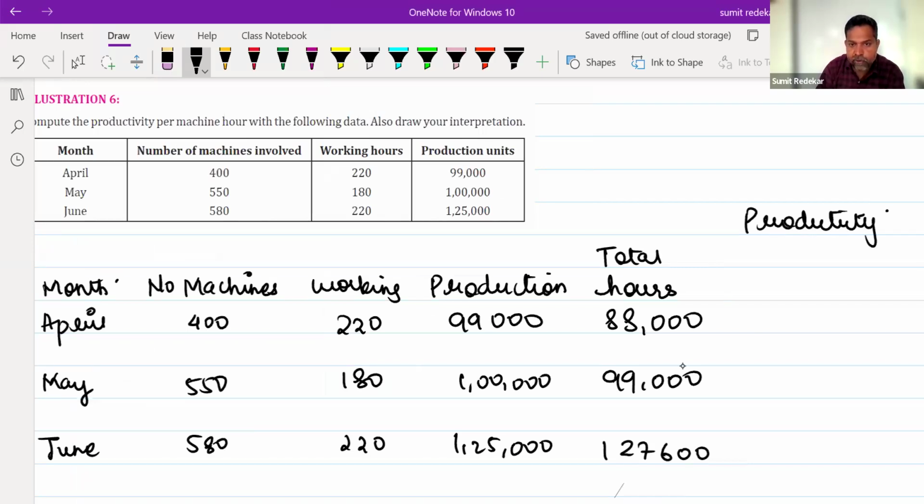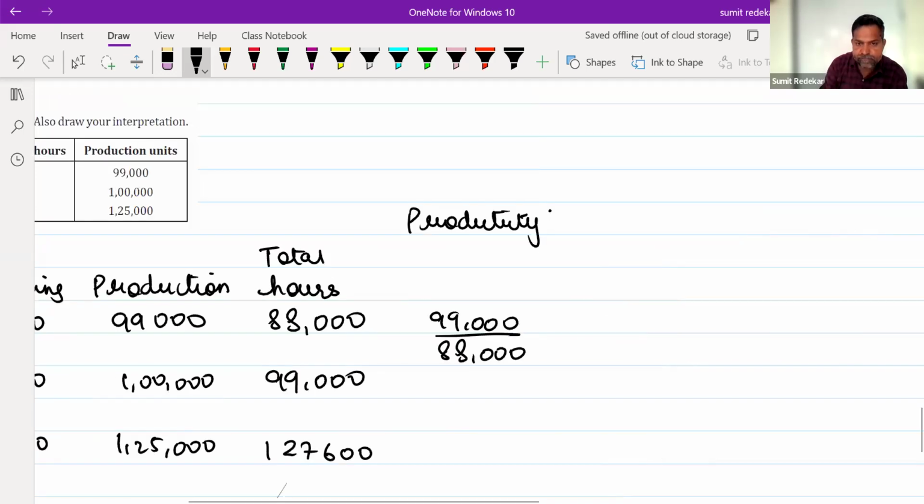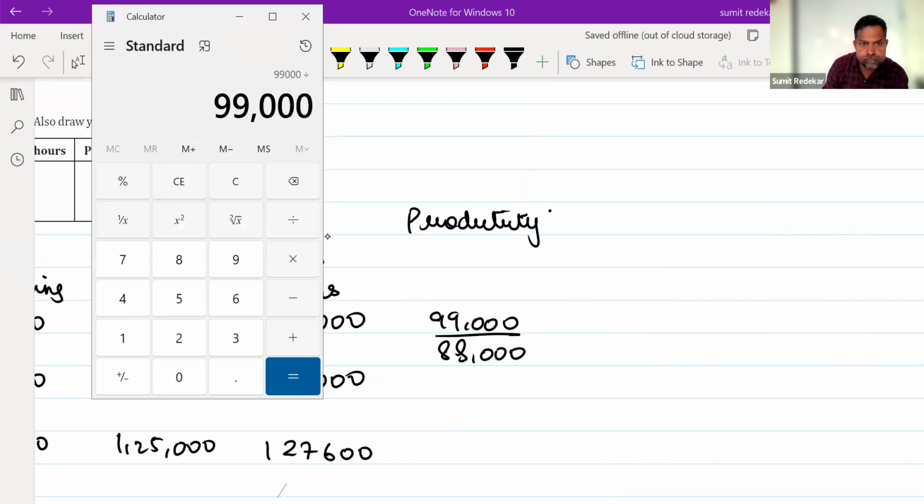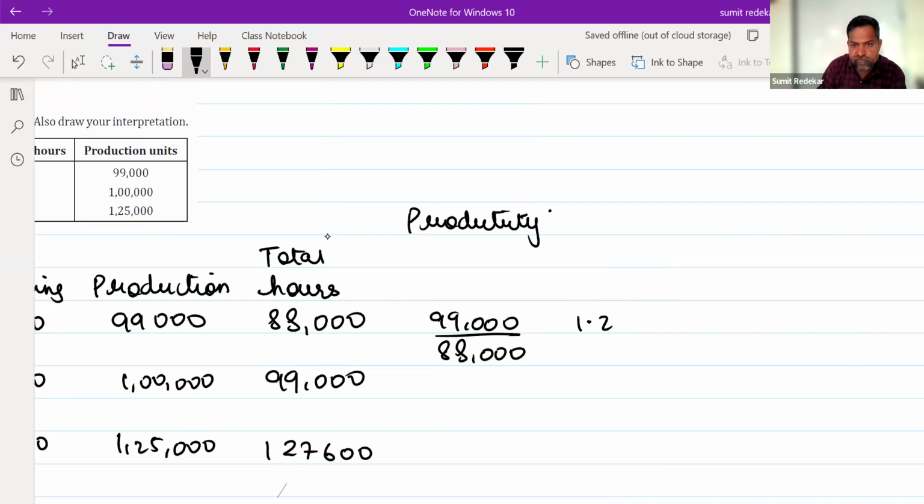Productivity is going to be, I'm producing 99,000 by giving in 88,000 hours, which is going to be 1.125 units per hour.